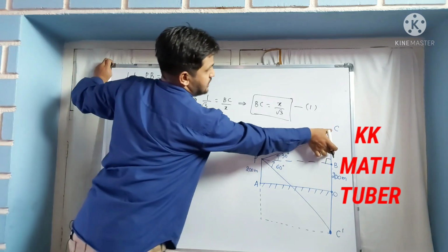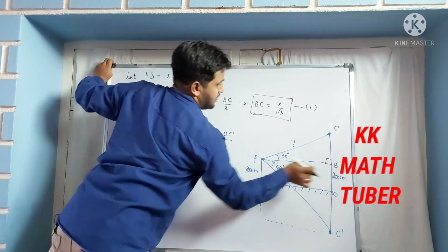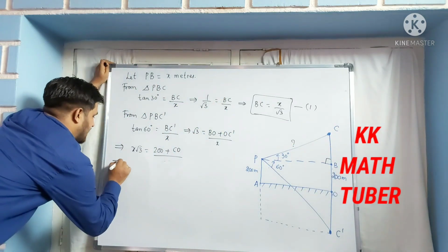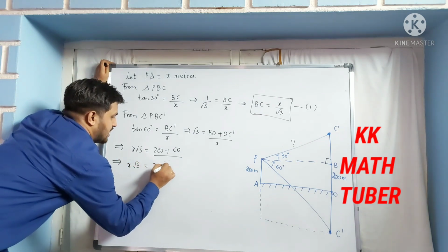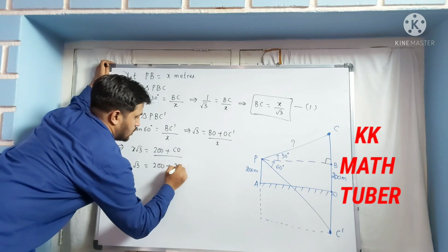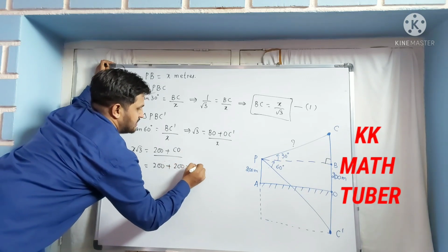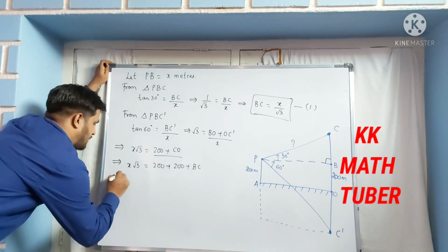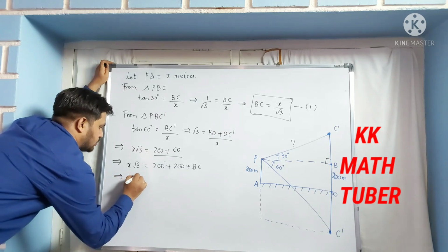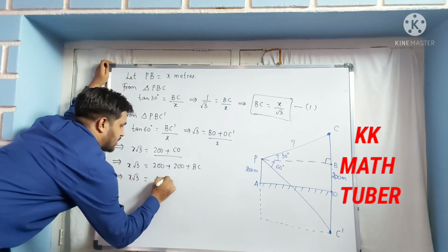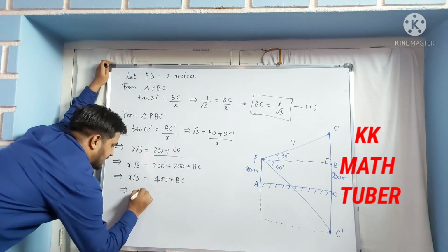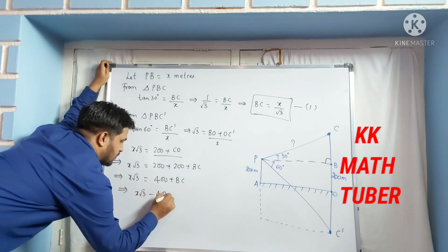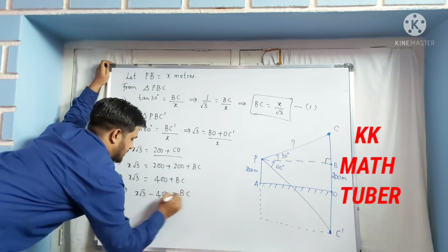But what is the length CO? That is BC plus BO. So this implies x root 3 is equal to 200 plus 200 plus BC, so x root 3 is equal to 400 plus BC. So this implies x root 3 minus 400 is equal to BC.